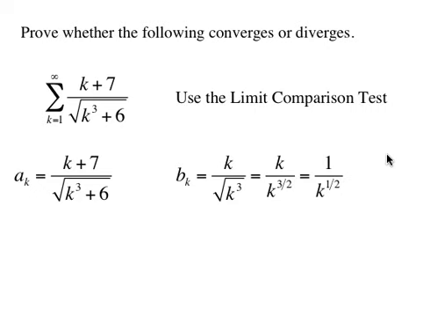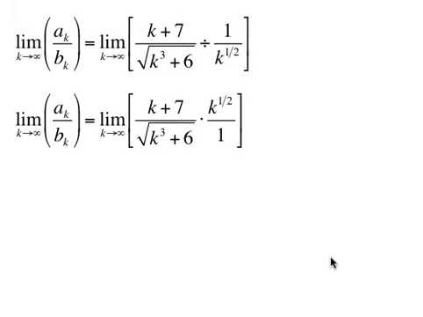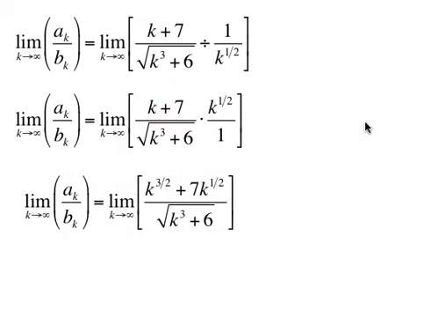So we take the limit as k goes to infinity of a sub k divided by b sub k. So limit as k goes to infinity of this first piece divided by this second piece. Division, change to multiplication, and flip. Distributing, k times k to the 1/2, k to the 3/2 plus 7k to the 1/2.